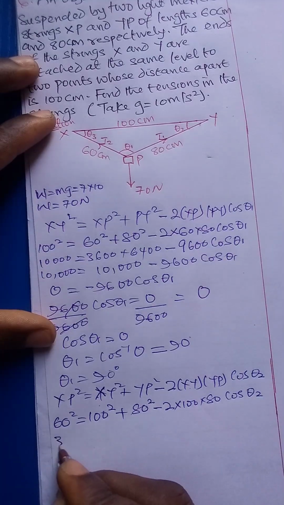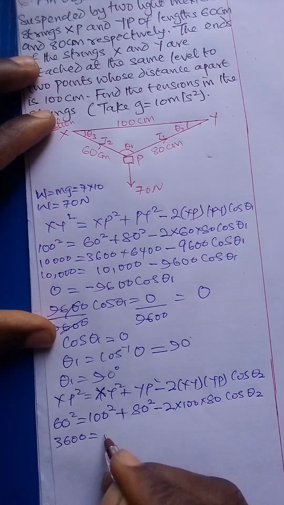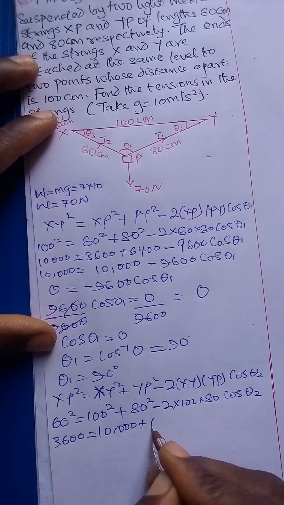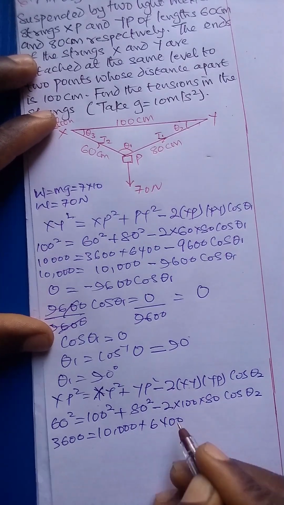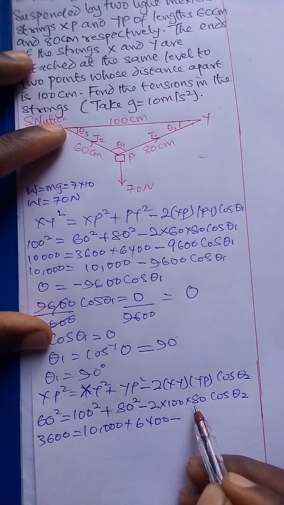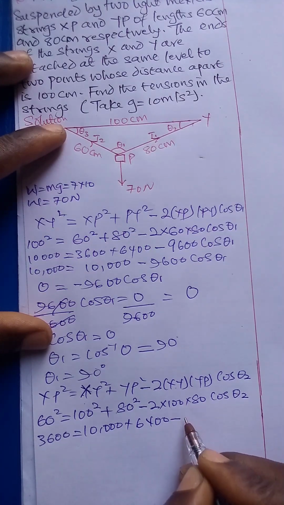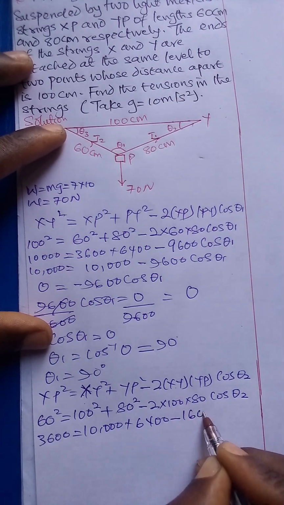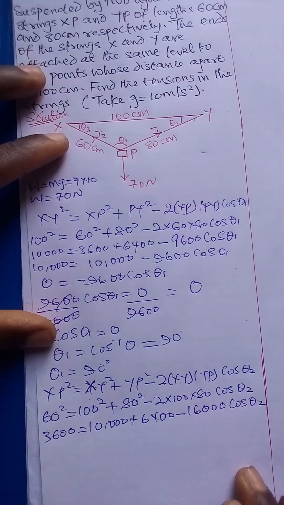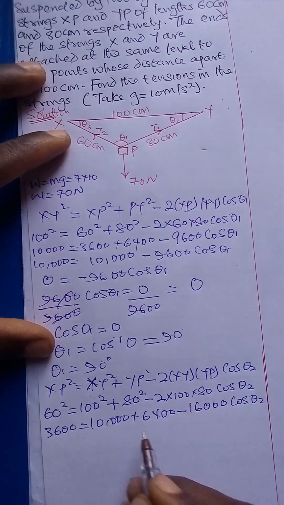60 squared is 3,600, and this is 10,000, and this is 6,400, then minus 2 times 100 is 200 times 80, we have 16,000, then cos theta 2. Let's add these two together.